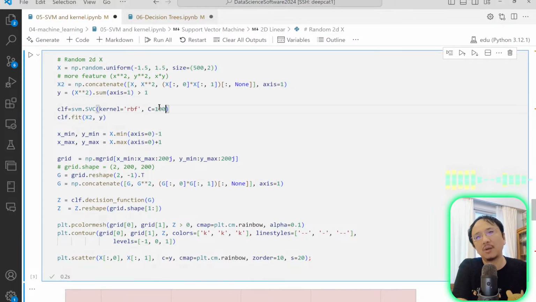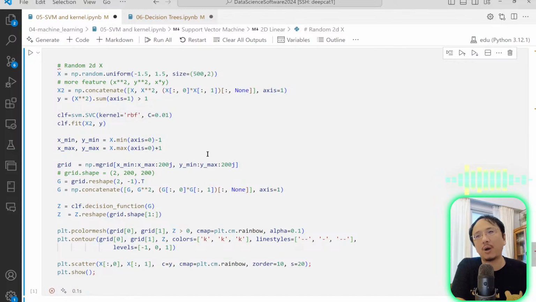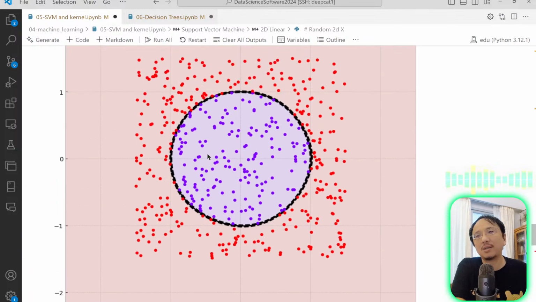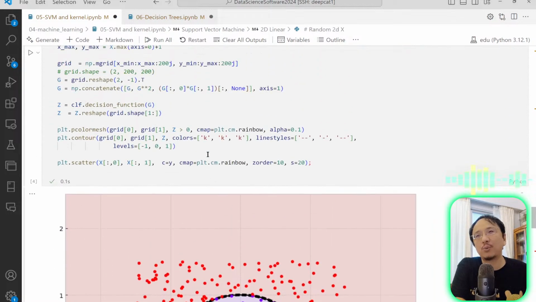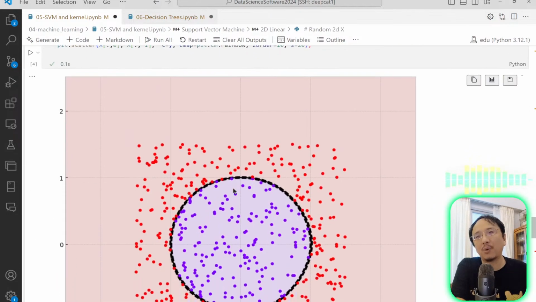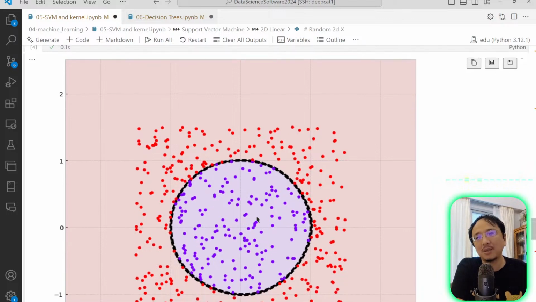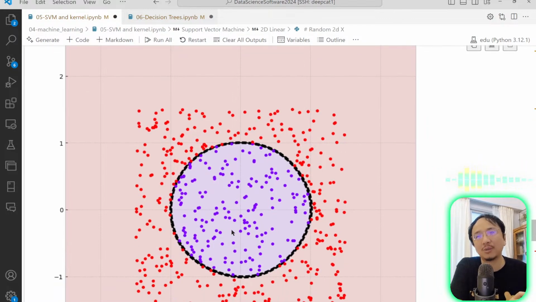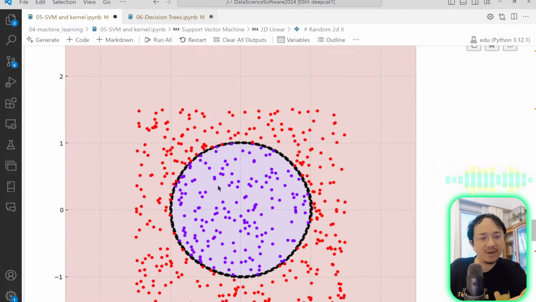I don't remember which one makes it more strict, the larger one or the smaller one. It seems like if you put C to be larger, it will be more strict. It will be more strict because we already know we don't need a soft margin, so if I'm using a larger one, it will become more like a circle. If you want the boundary to be like a circle and you know the data has no noise or very little noise, you can choose a bigger C. Or you can choose to generate more samples.